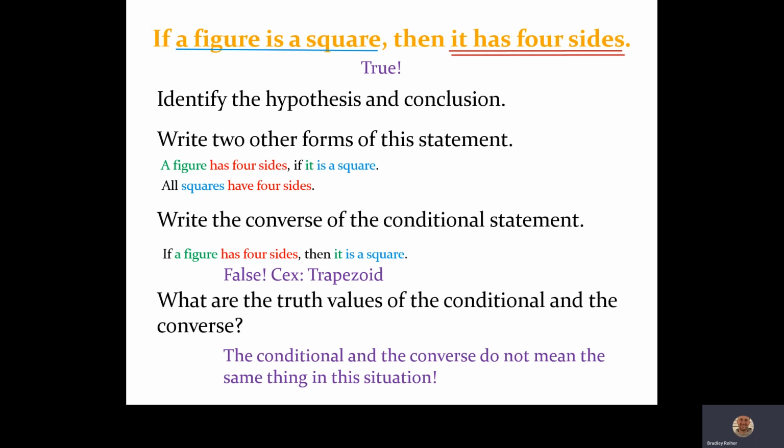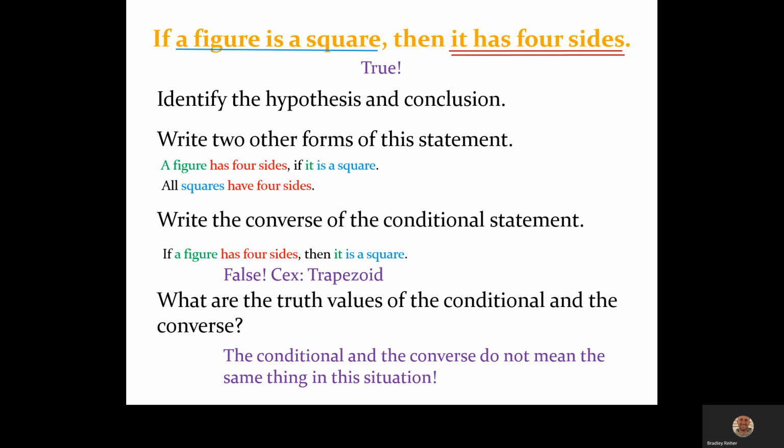Statement 2 says, say the conclusion first. Say the word if in the middle. Say the hypothesis last. This is another one of those situations where you have a pronoun. The pronoun is in your conclusion. So if you say the conclusion first, it has 4 sides.